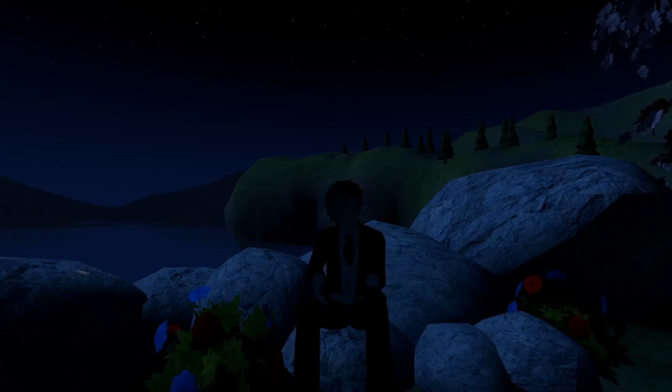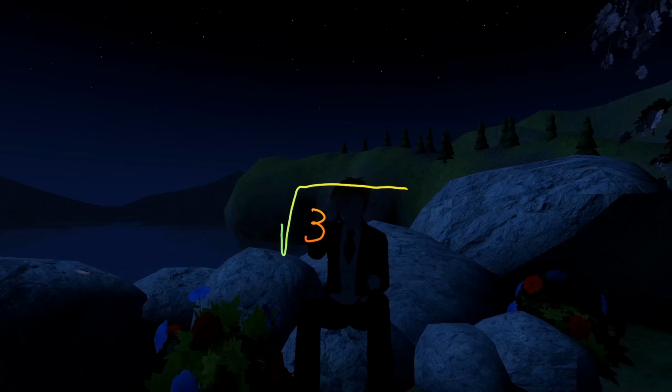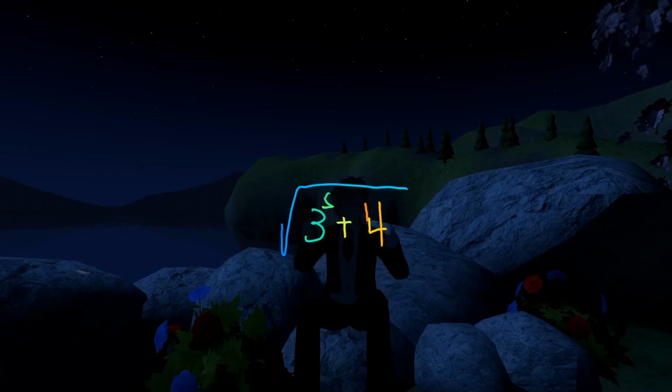Sometimes you're going to get questions that look something like this. Square root of 3 squared plus 4. So in this case, what we do is we work out what's in the square root, kind of like brackets.